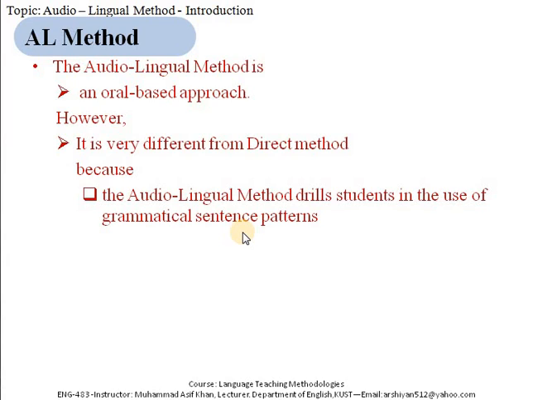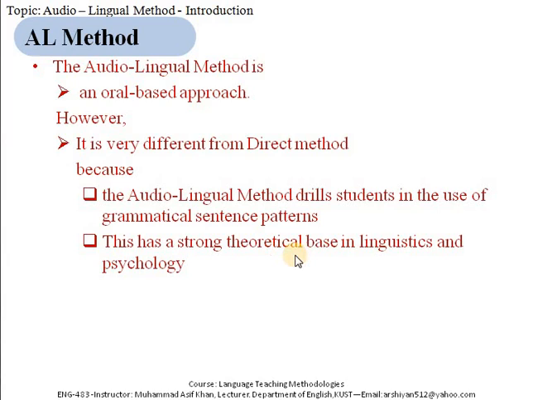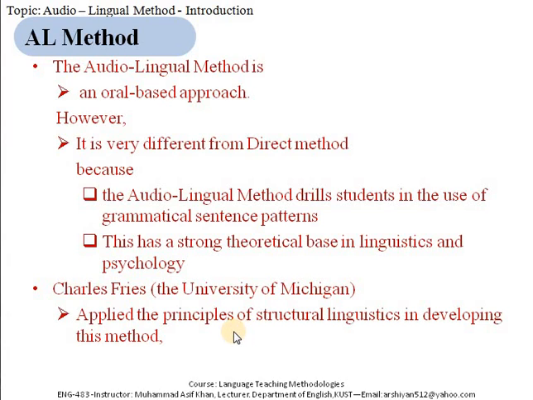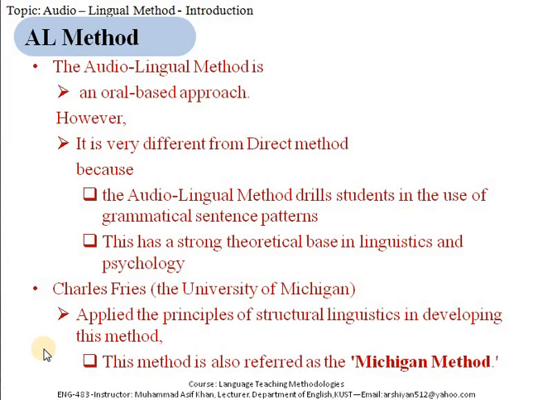So it is also different from the direct method because this very method has a strong theoretical base in linguistics and psychology. First of all, we see that Charles Fries, who was from the University of Michigan, led the way in applying principles of structural linguistics in developing this very method, and for this reason it has sometimes been referred to as the Michigan method.